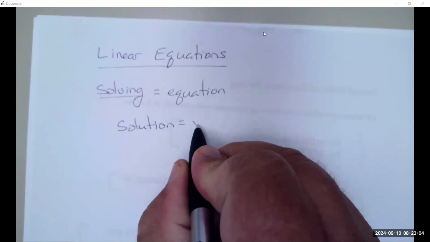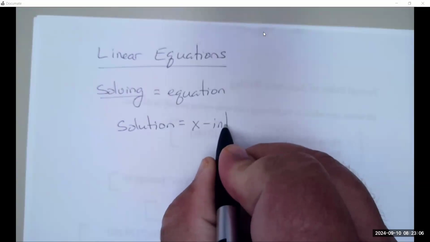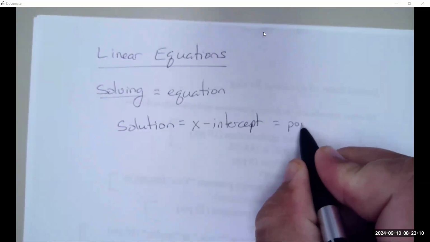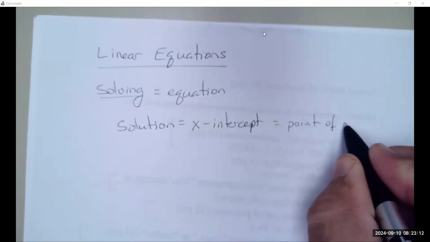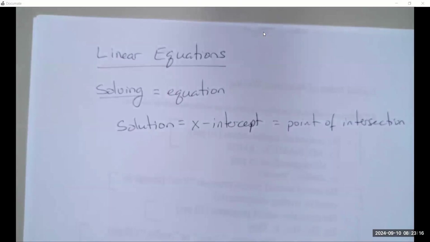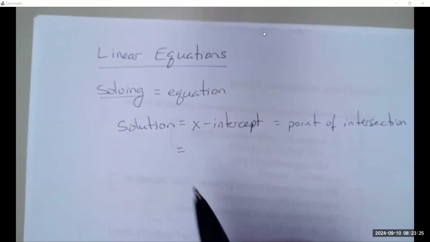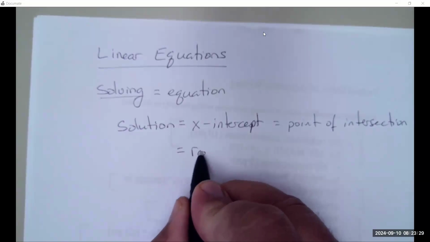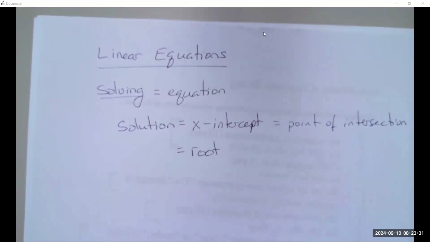We look at the x-intercept if it's only one line, or the point of intersection if you deal with two lines. Very good. Another name is the root of an equation.